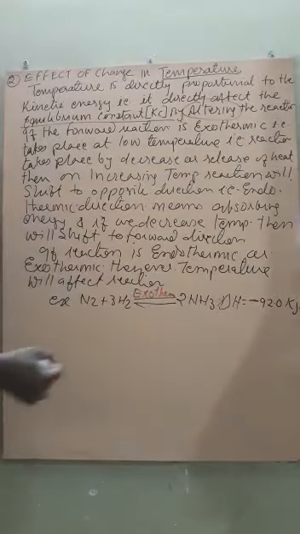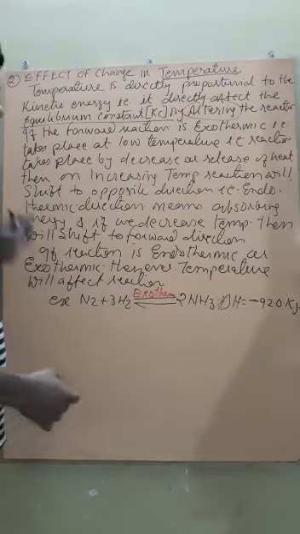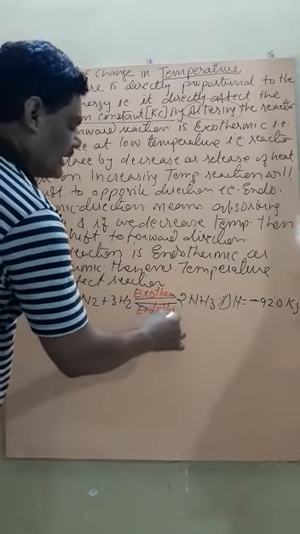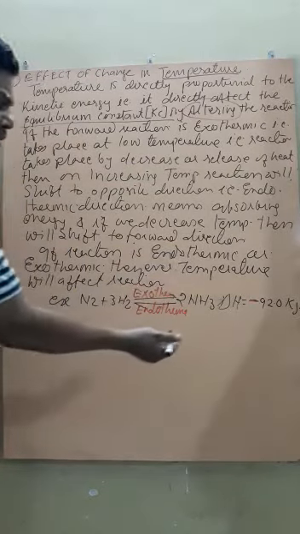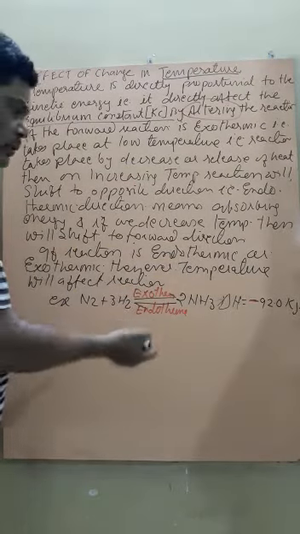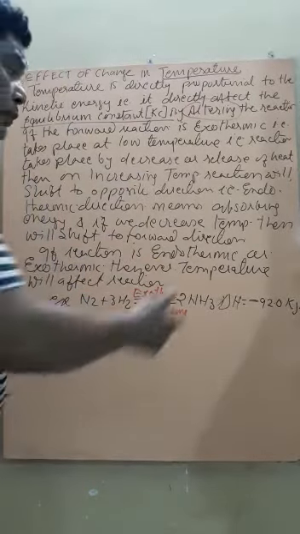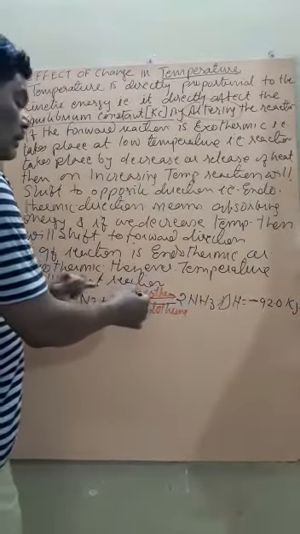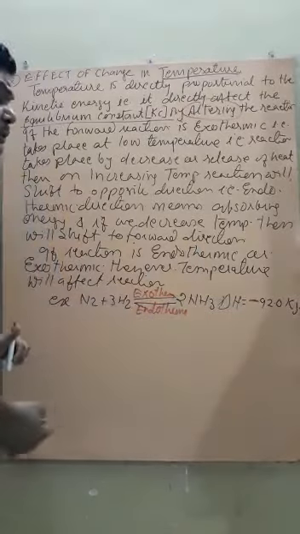Now we know that in an equilibrium reaction, the forward as well as the backward reaction also takes place. Means now the backward reaction will become what? Endothermic. So if we increase the temperature, that means what? The reaction takes place by absorbing heat. So which reaction takes place by absorbing heat? It clearly shows that the forward is exo, means backward is endo, means takes place by absorbing heat.